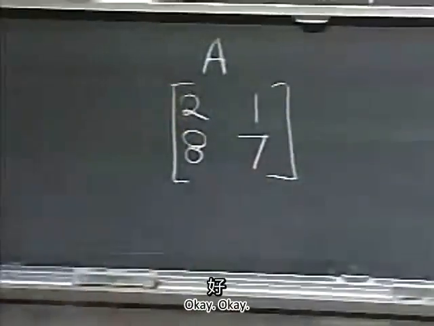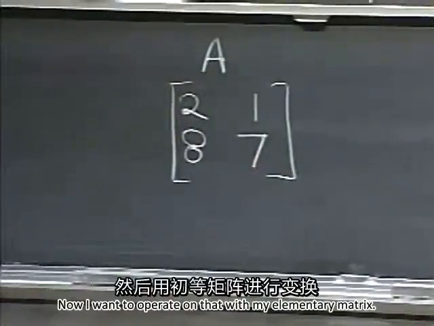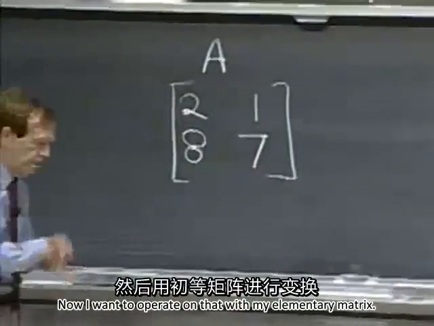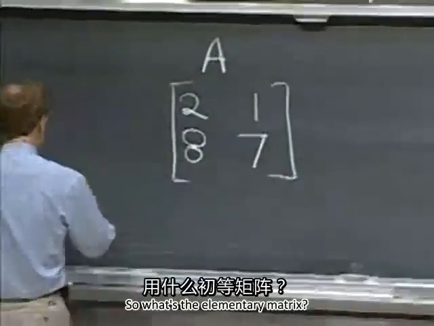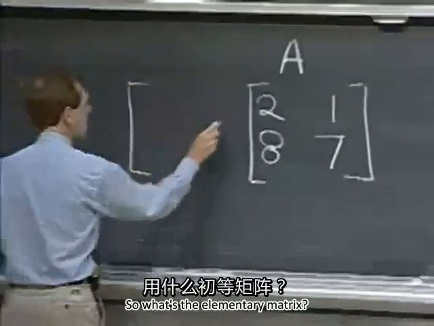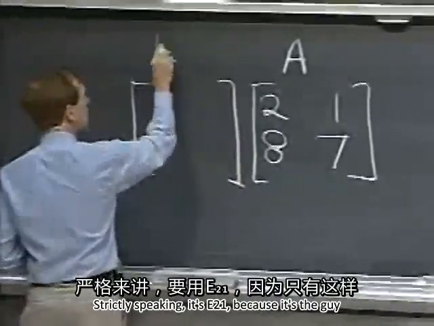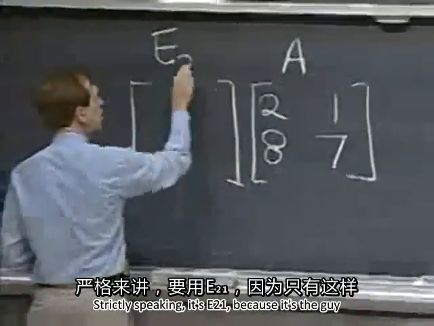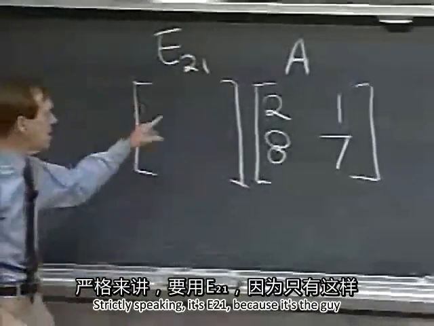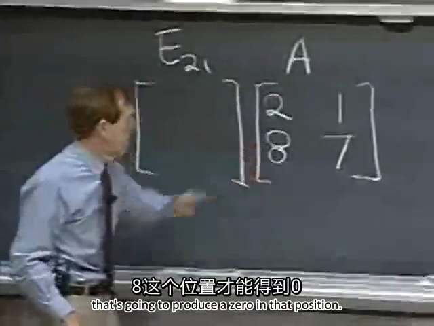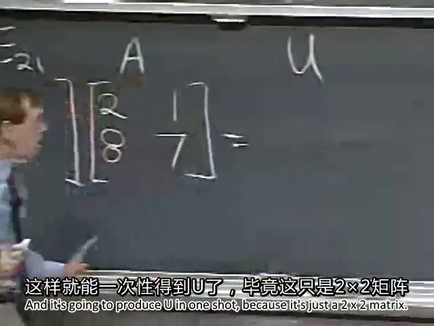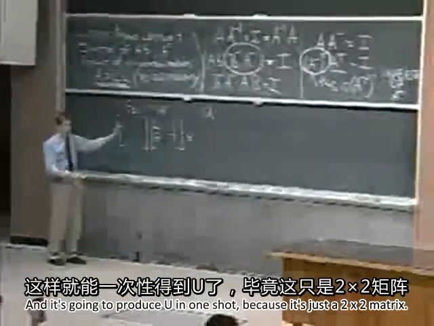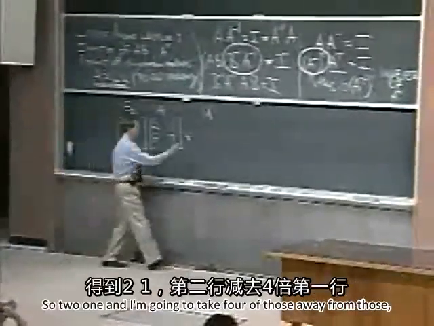Now I want to operate on that with my elementary matrix. What's the elementary matrix? Strictly speaking, it's E21, because it's the one that's going to produce a 0 in that position, and it's going to produce U in one shot because it's just a 2 by 2 matrix.